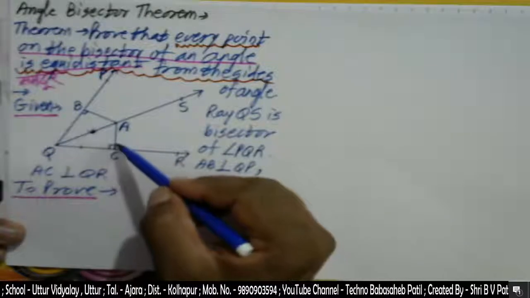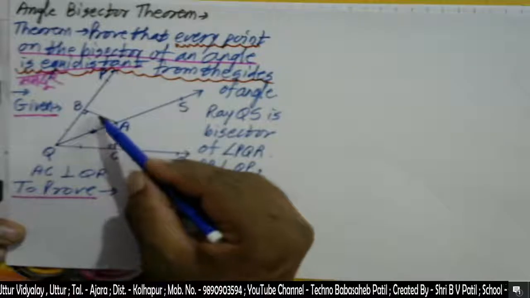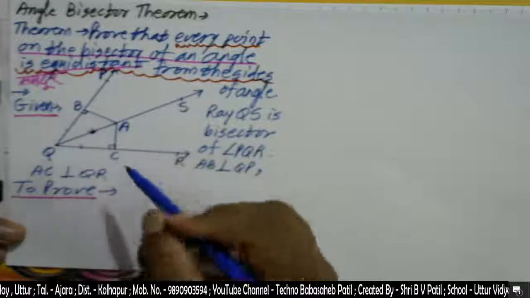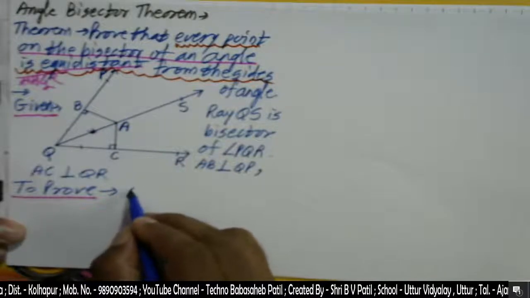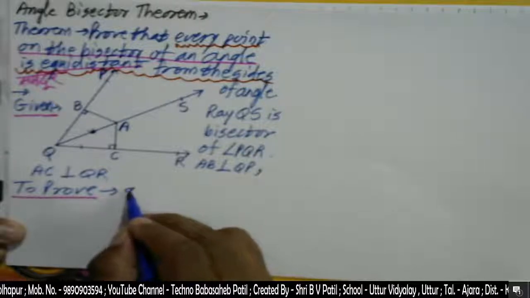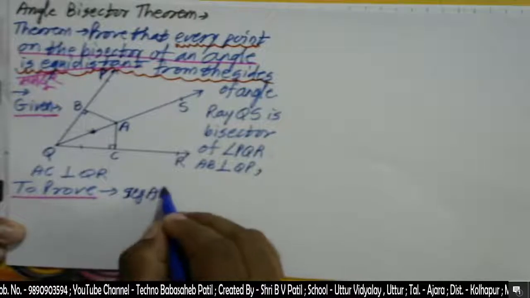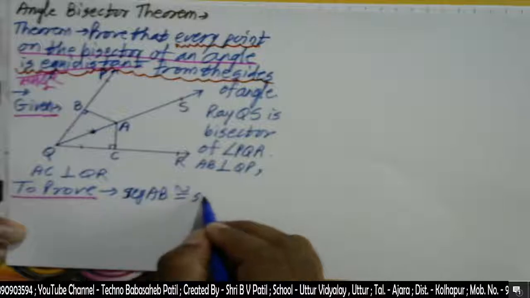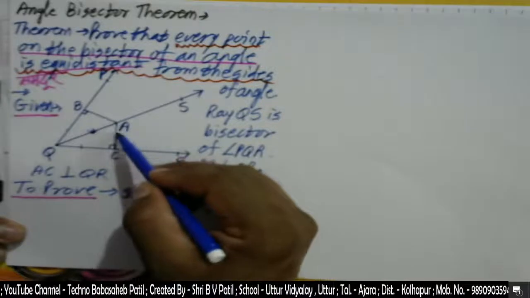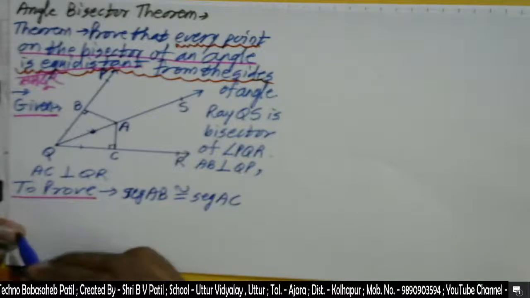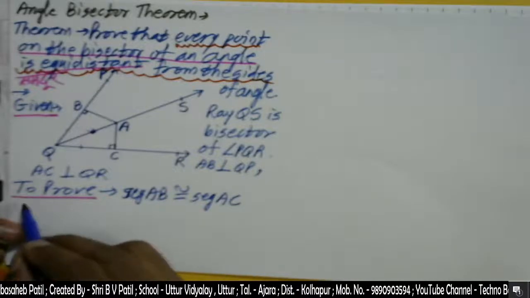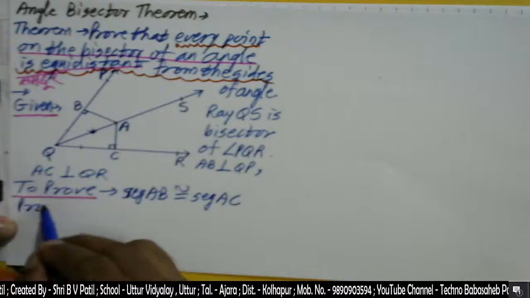Means which distance is similar, that is distance AB, segment AB congruent segment AC. Then construction is not essential.